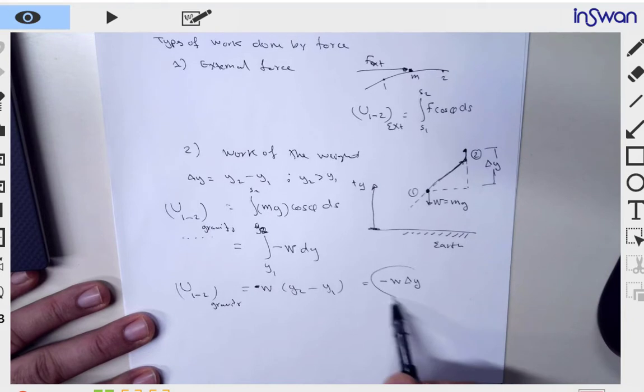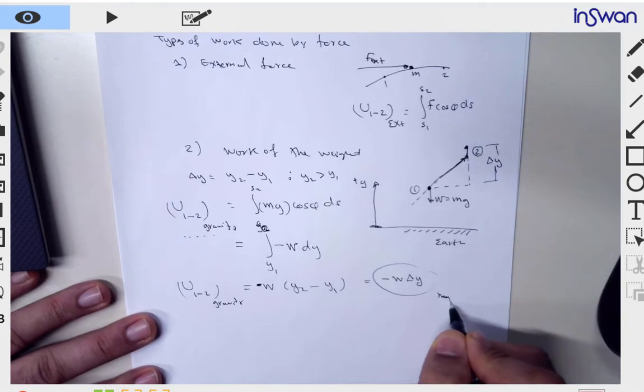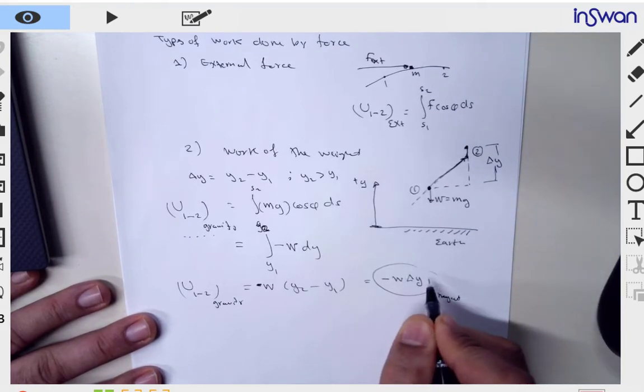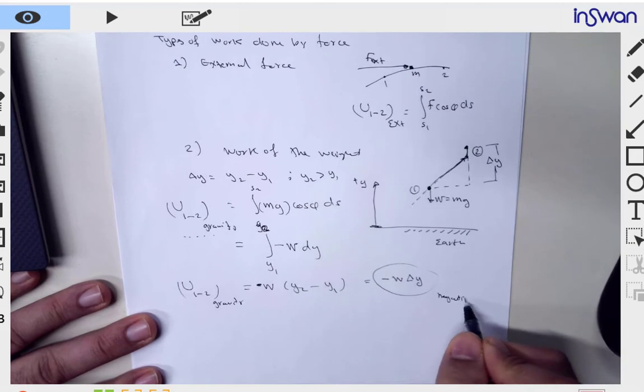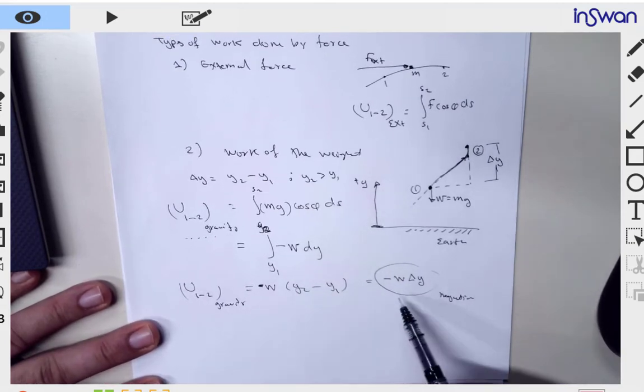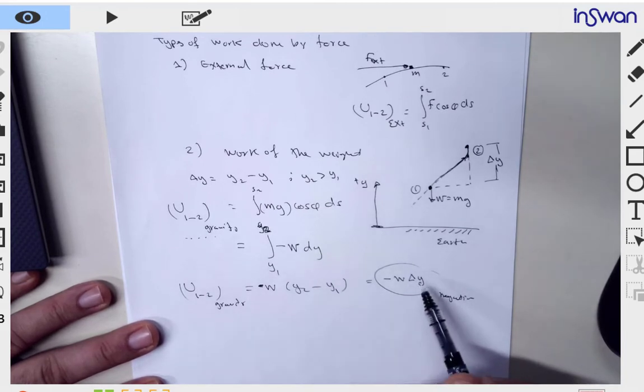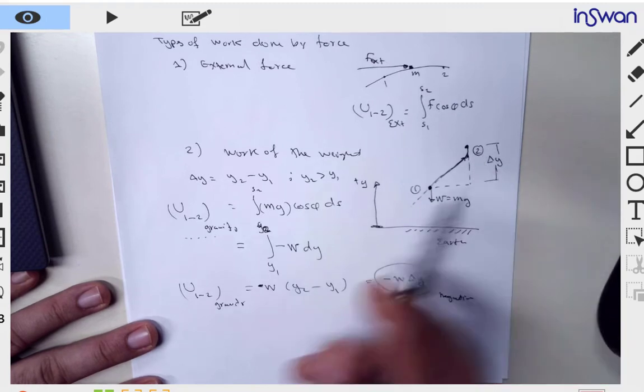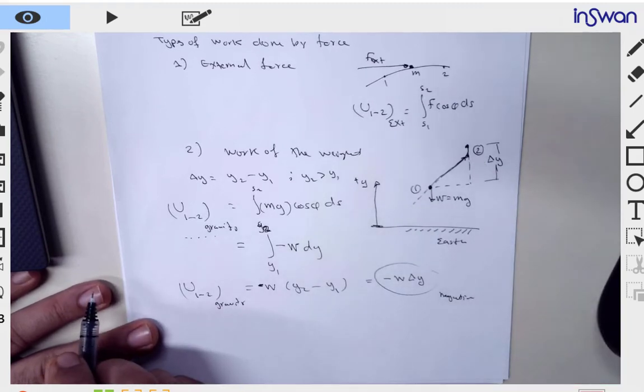So this is a negative. This negative comes when delta y is positive. So we require additional work to move this particle from here to here. That's what it means.